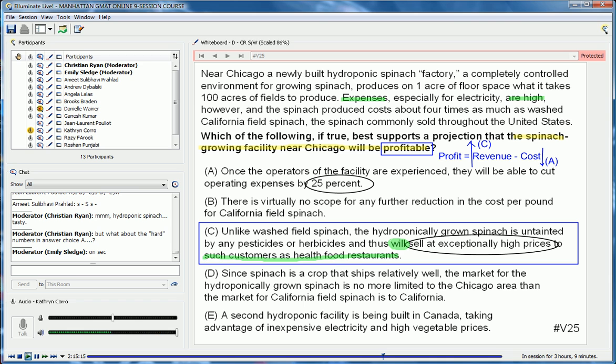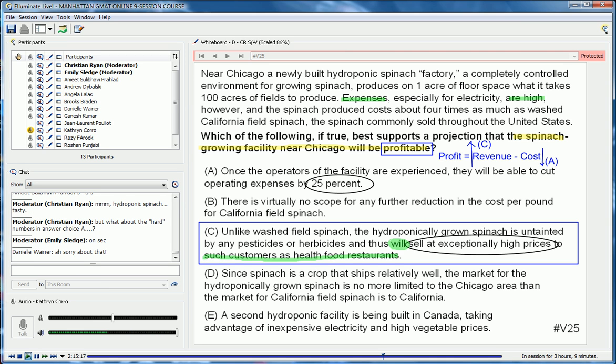Where the words virtually no scope for any further reduction in cost. So I took that as there wasn't a way to reduce costs. So it didn't strengthen the argument, and it weakened the argument because it didn't bring in any information with regard to increasing revenue.